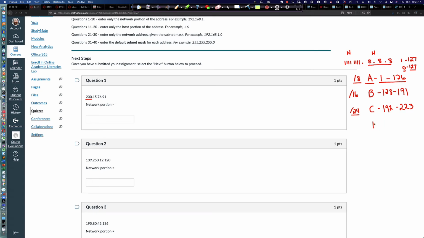And then we have our Class D addresses, which range from 224, and these are also commonly referred to as multicast addresses.